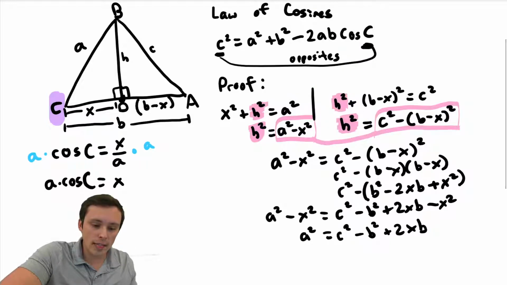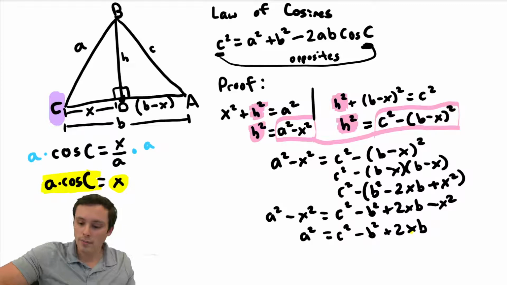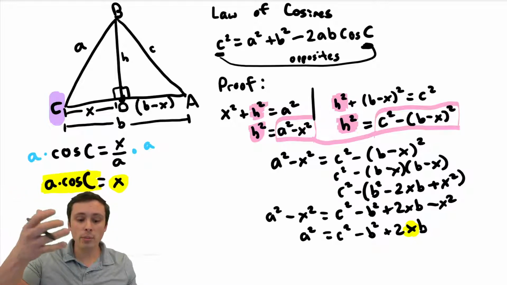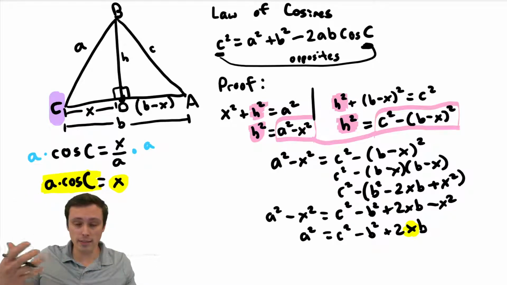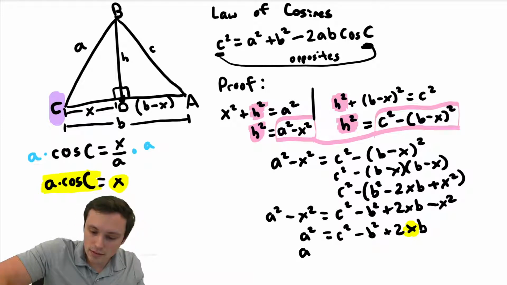So, hey, can't we use that? x is equal to a times cosine c, which means that anywhere there is an x, I just highlighted it in yellow back in our formula, we can replace that. We can substitute that with something that's equal to x, which is a times cosine c. Let's see if that gets us anywhere.